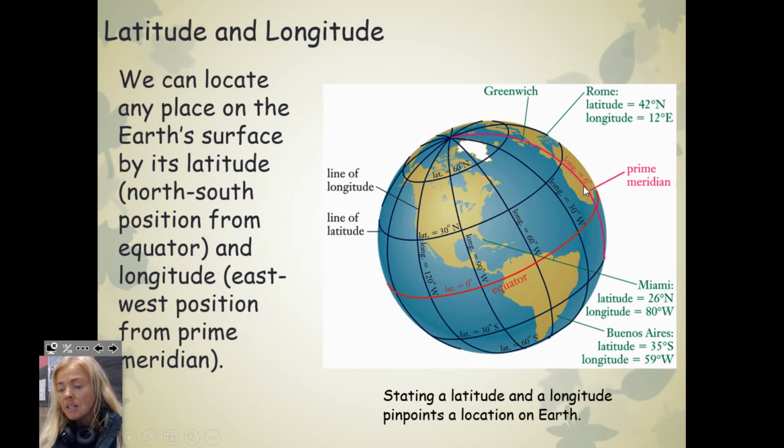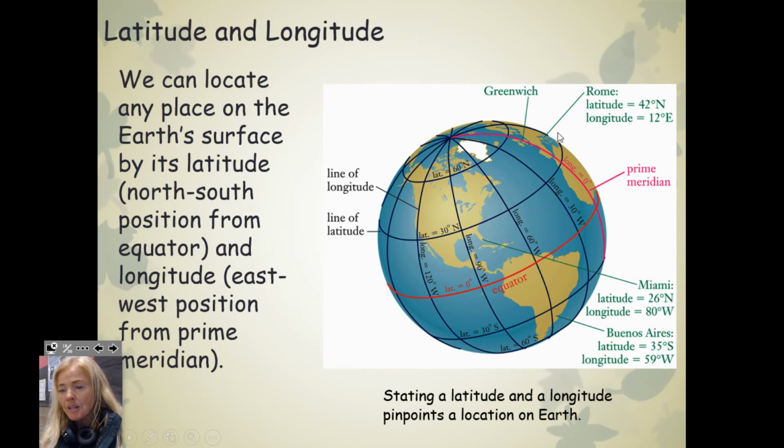And then if you move this way 30 degrees, you have 30 degrees west, and you're moving westward 30 degrees. All the way up, you can go west until 180 degrees. So directly opposite the Earth over here is 180 degrees longitude, and you can go on the east side as well.